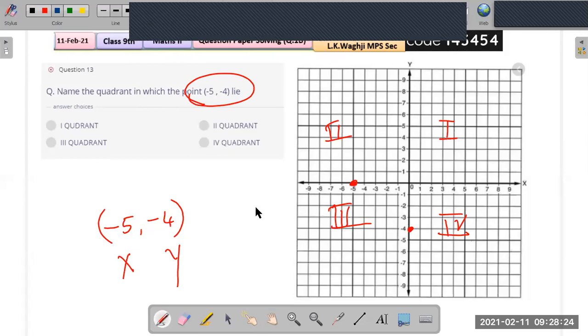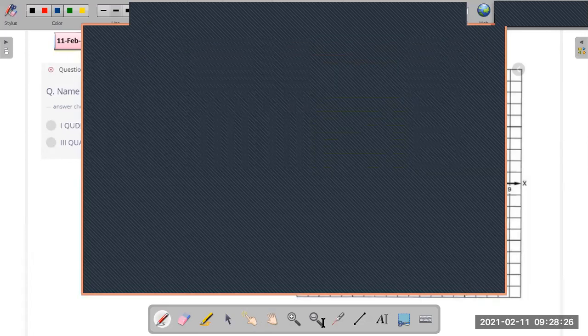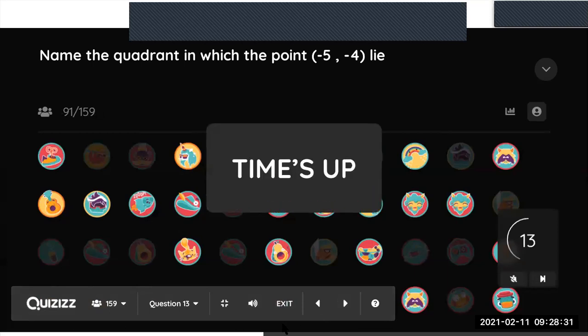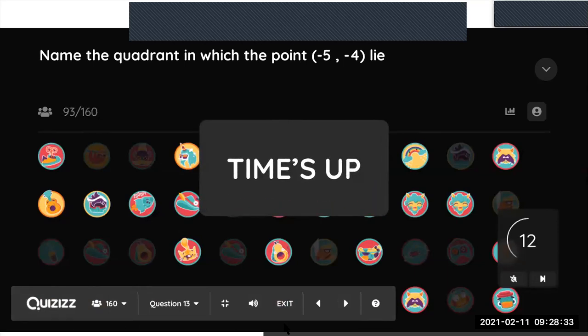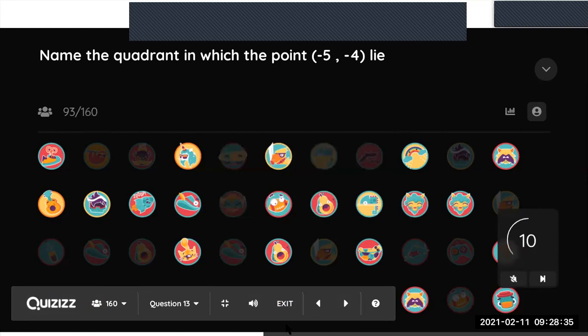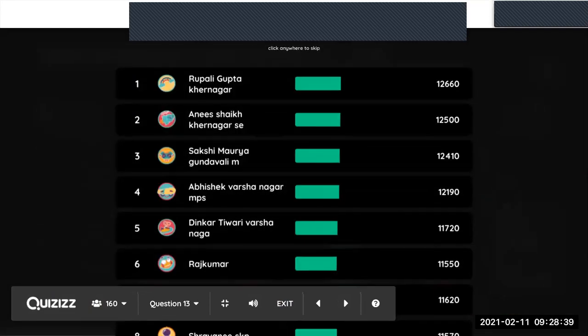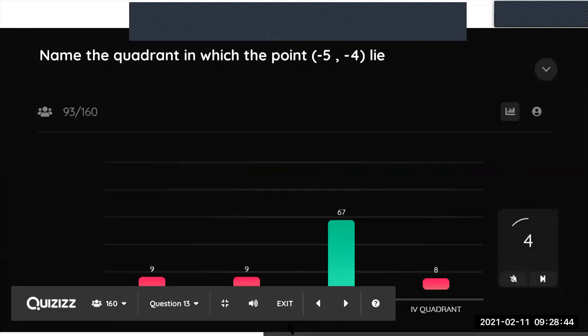That is the question. Okay, and the timer is ticking. Let's see how many of you have answered. More than 90 of you have answered it, and time's up. Time's up. Let's see how many of you got it right. Rupali, Ani, Sakshi, Nisha, Dinkar, Abhishek, 67 of you got it right.